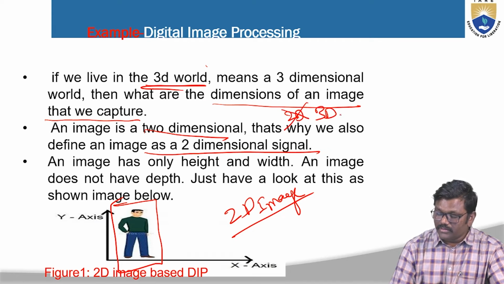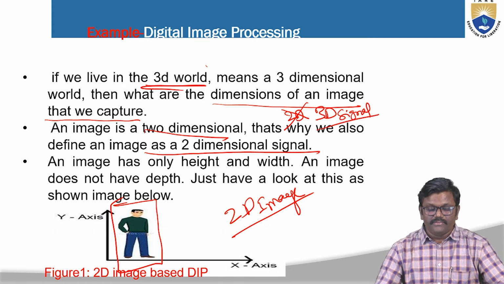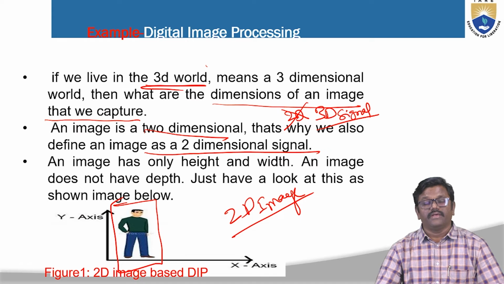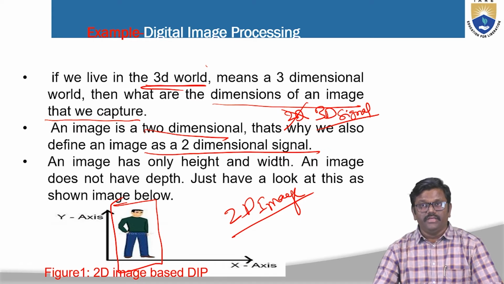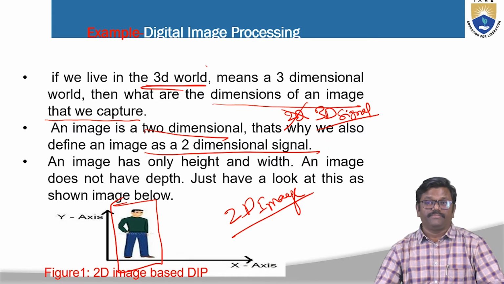It is also a 3D signal only. So simply you can say that an image is 2-dimensional. That is why we also define an image as a 2-dimensional signal. Here an image does not have depth.